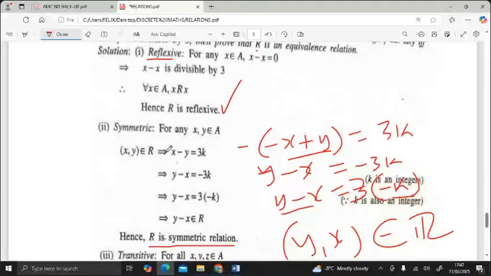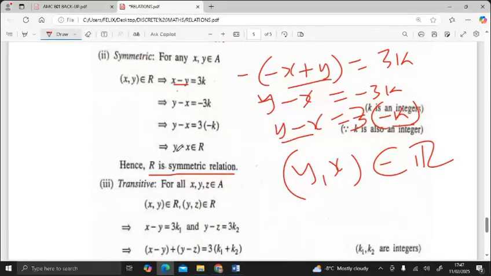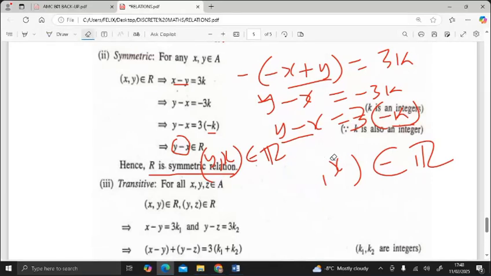Then y minus x is equal to 3 times negative K, and of course this is another integer. Therefore, we see that y minus x also is divisible by 3, and that being the case, it means that (y, x) is also in R.